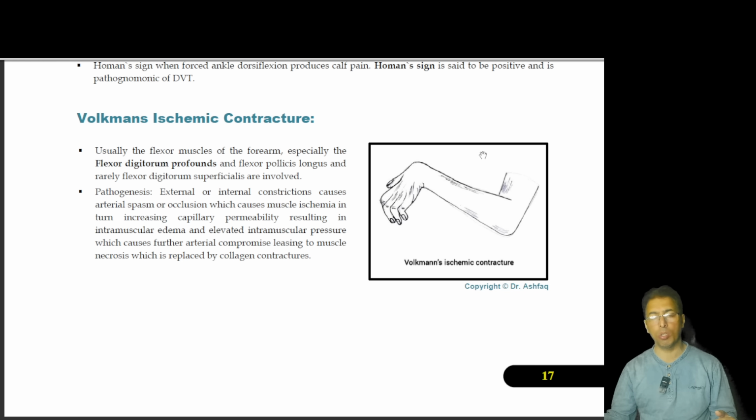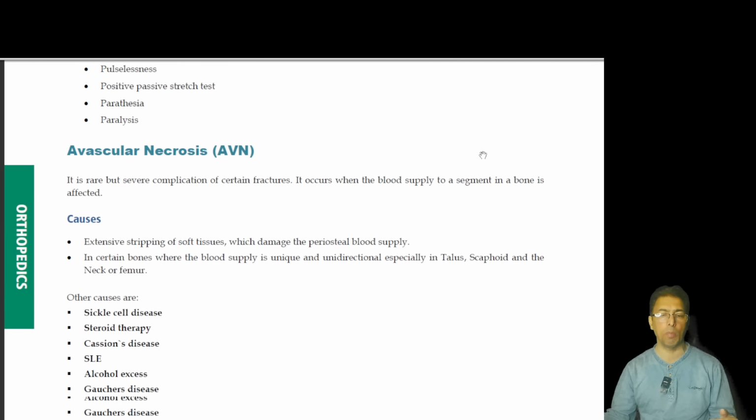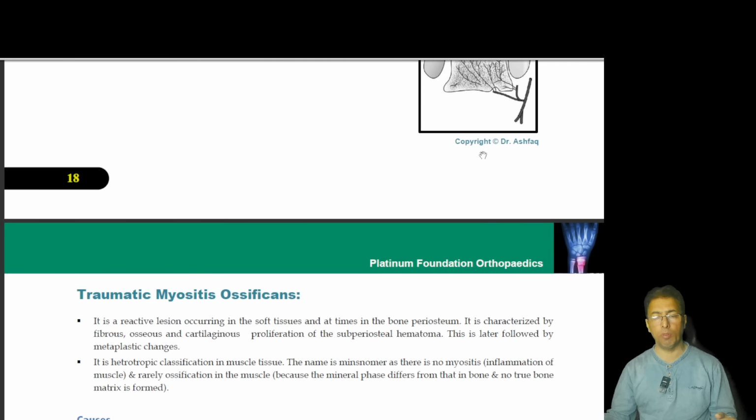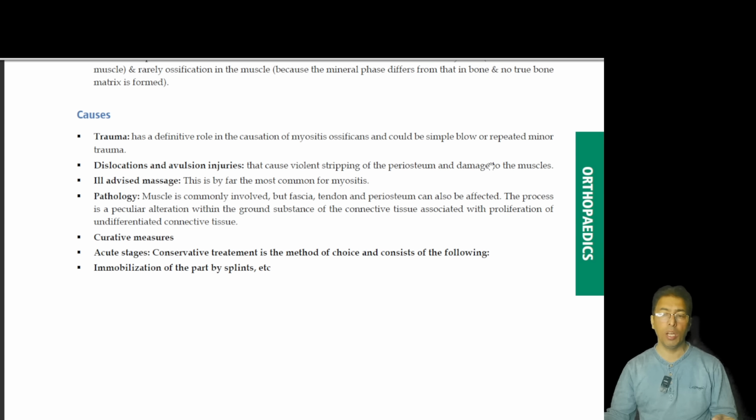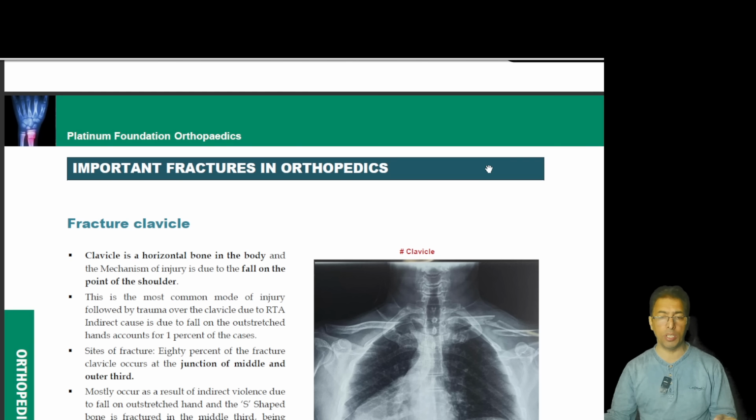Orthopedics is not only about bone, it is about ligaments, it is about tendons, it is about muscles, it is about some of the systemic emergencies associated with orthopedics. So that's what orthopedics is about.